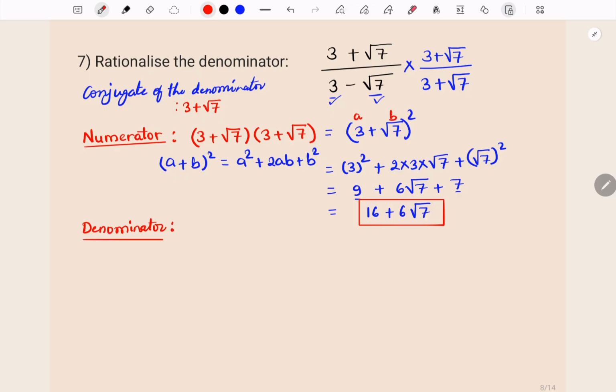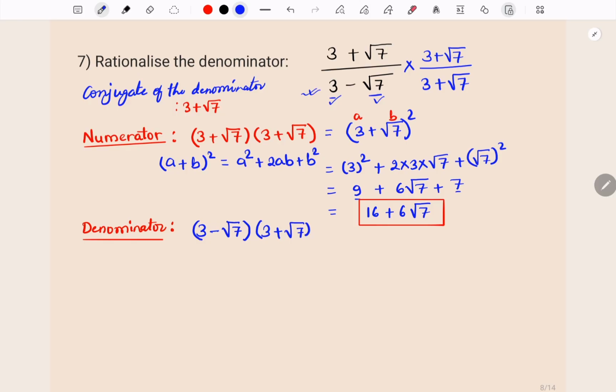Okay, so in the denominator, we have 3 minus root 7 multiplied with 3 plus root 7, right?